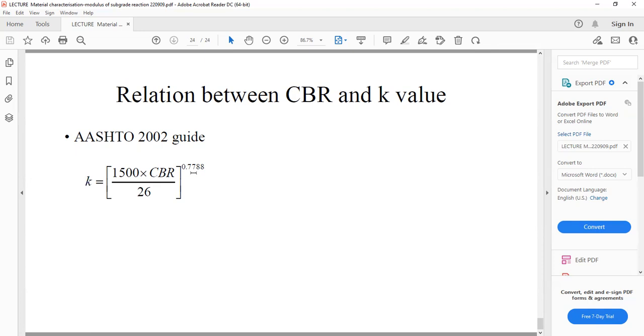So this is how the subgrade reaction of the soil is measured and calculated, and it is used as an input value for the pavement design. So that's it for this lecture. Thank you very much for listening.